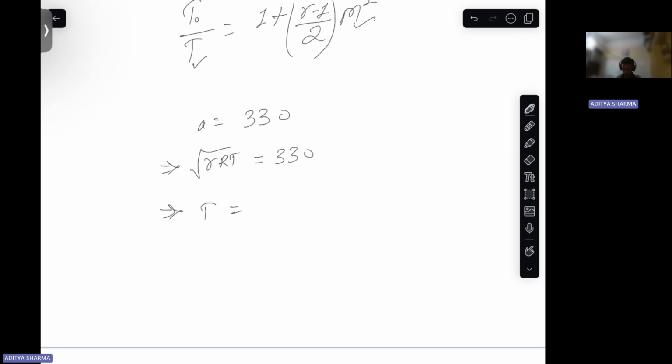Squaring both sides, 330 square by gamma R is your T. So if you calculate, please calculate this. This will come out to be around 271.03 Kelvin.